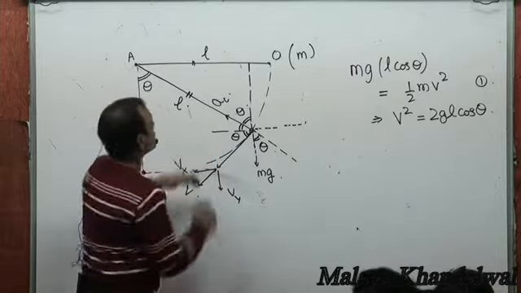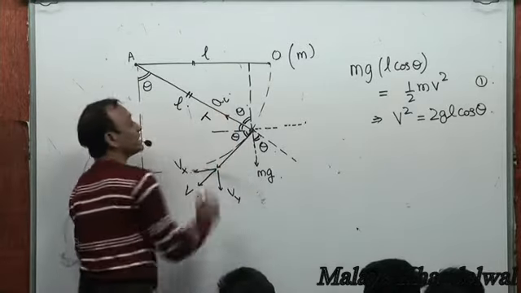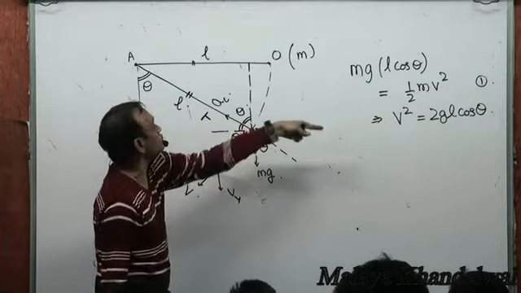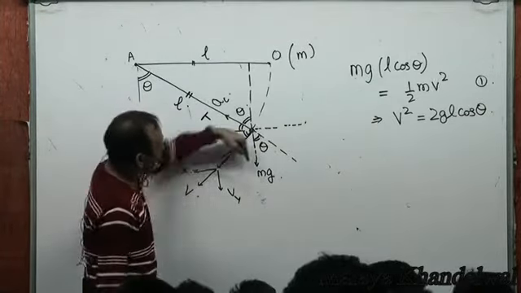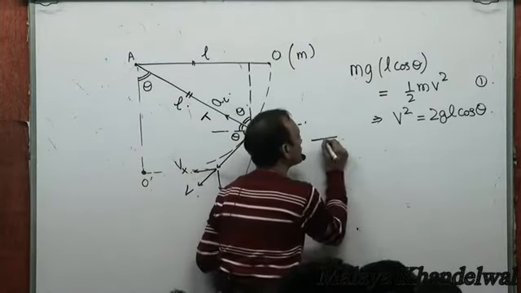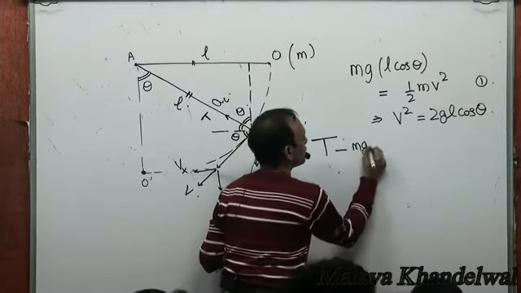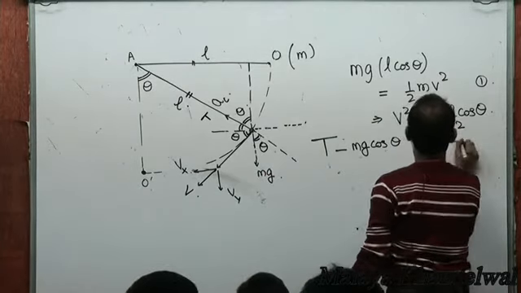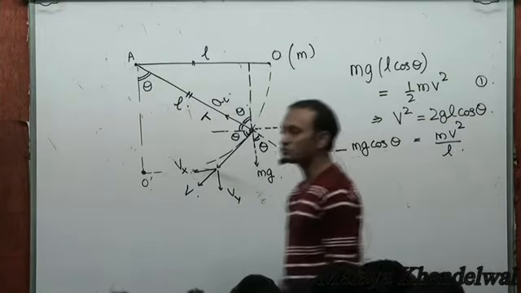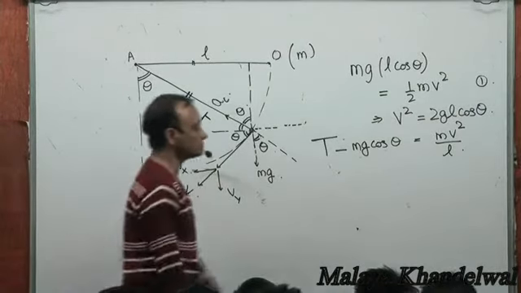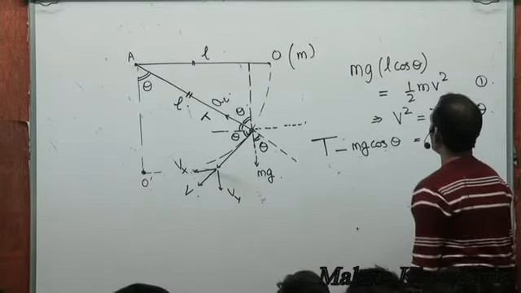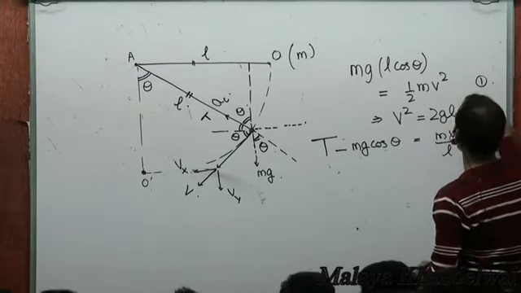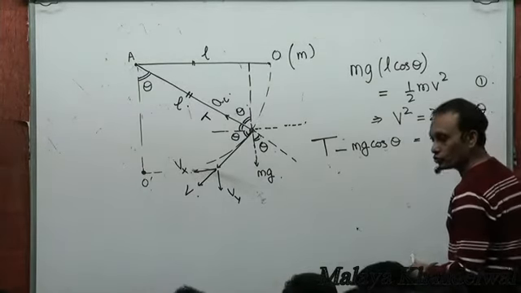Now, the tension being T, do you realize T minus mg cos theta is going to be mv squared by L? The net T minus mg cos theta is mv squared by L. So mv squared by L is 2g cos theta, so this will become 2 mg cos theta.